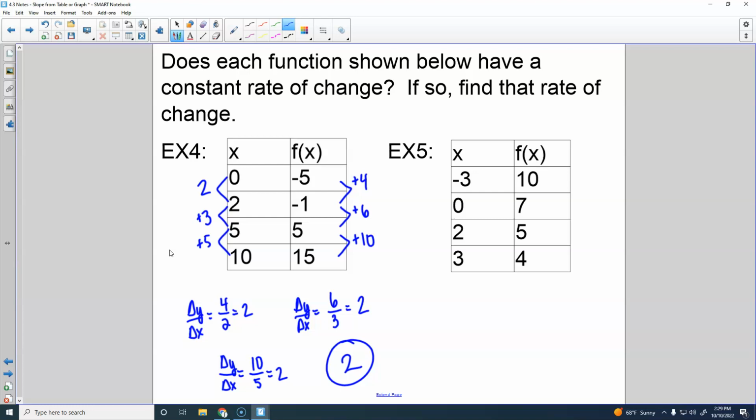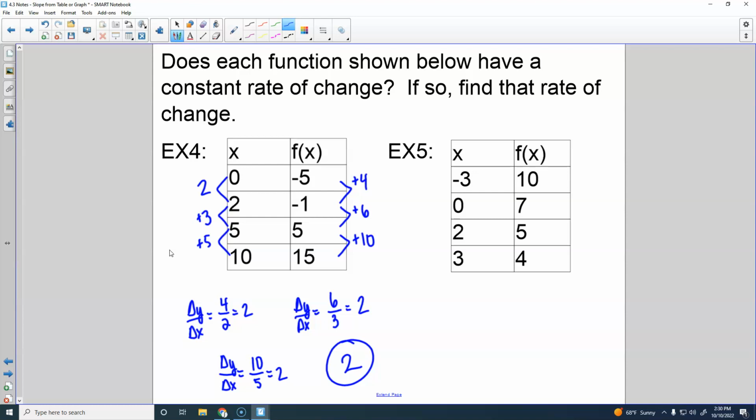Check with your neighbor, see if you think there's a constant rate of change. See if they've got the same thing as you. You can either check with these guys or those behind you. Okay, how many of you think that there is a constant rate of change to be found?